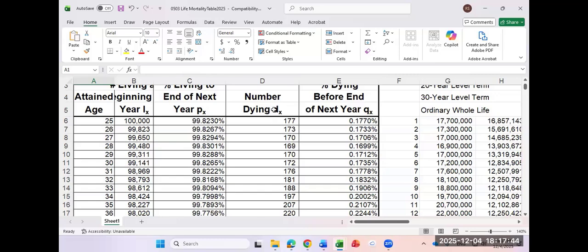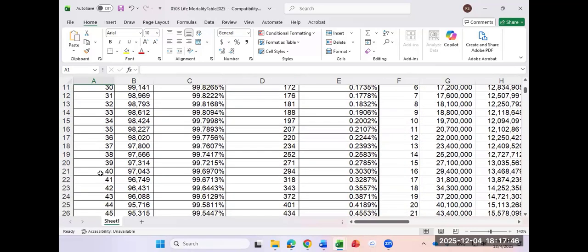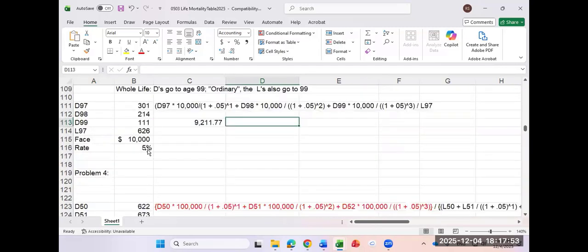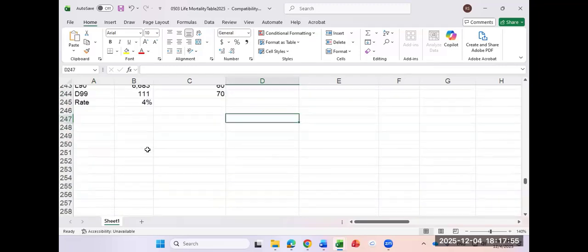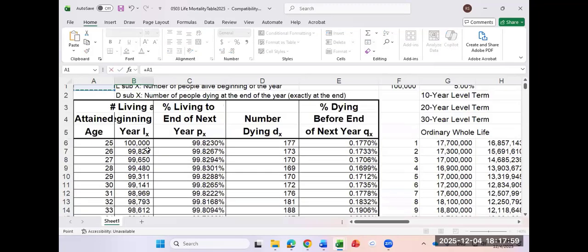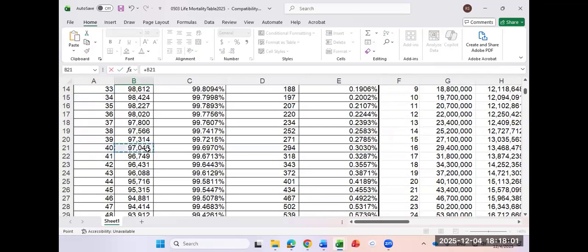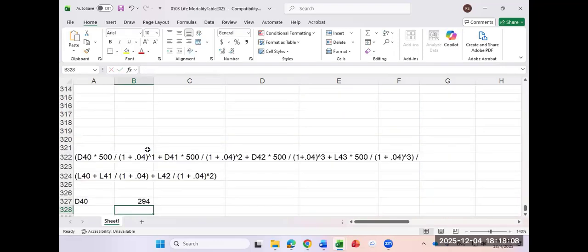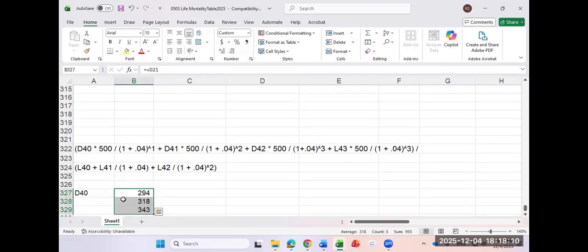Column D is D, those dying. What is D40? Looks like 294 to me, right? Everybody see that? So D40 is 294, then 318, then 343. We only need three of them, 294, 318, and 343. So there's our Ds.